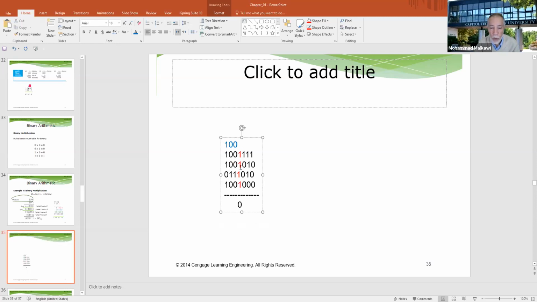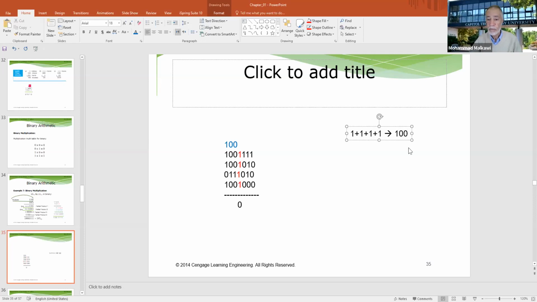So from the 1 plus 1 plus 1 plus 1, I have a sum. This is my summation. And there are 2 carries, because when I add 1 plus 1 plus 1 plus 1, the result is 100. Now, in the sum, I only have 1 bit as a sum.